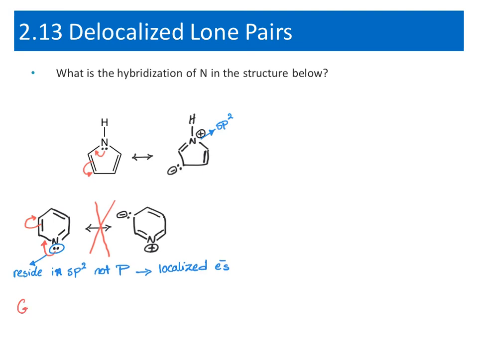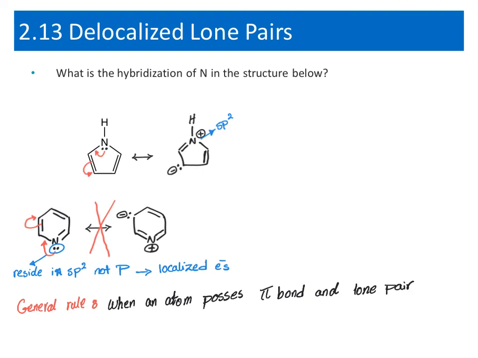That general rule says when an atom possesses a pi bond and a lone pair, they both cannot participate in resonance.